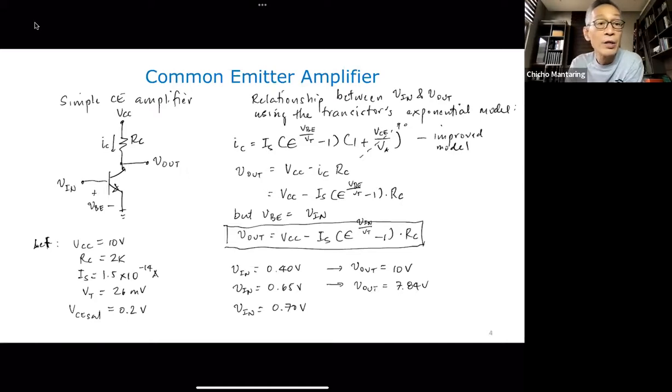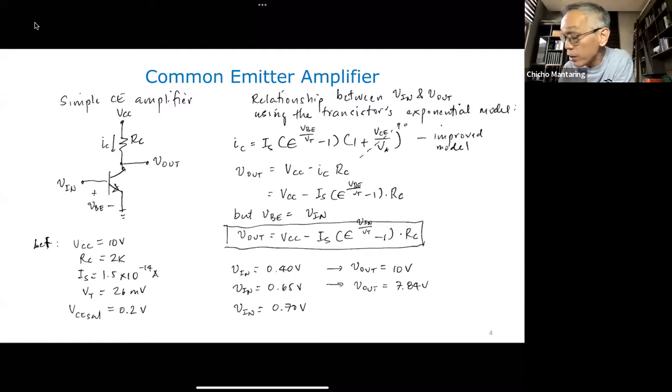So actually at 0.65, for this particular transistor, we see that the base emitter has already conducted. This is a case where the transistor did not follow the 0.7, but it started conducting at about 0.65.